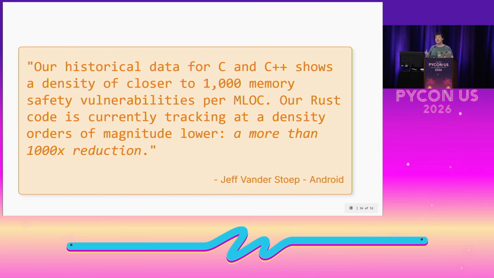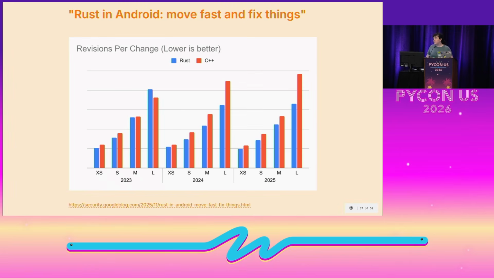So it's really appealing for this reason. And it's not just that it's designed to be safe, but in experience of people who have deployed it, it is also safe and reduces vulnerabilities. So another interesting thing happened, though, and this is from the same blog post. They found that not only did Rust reduce the number of vulnerabilities, they also found that their engineers were more productive with it.